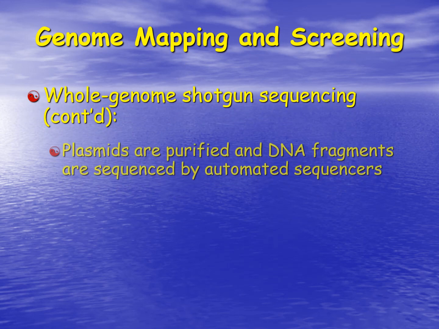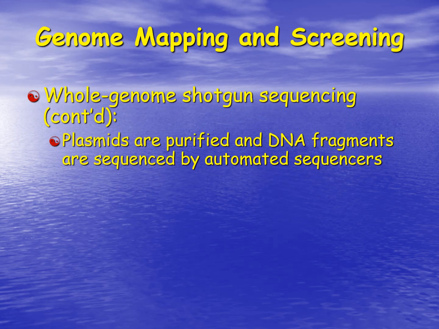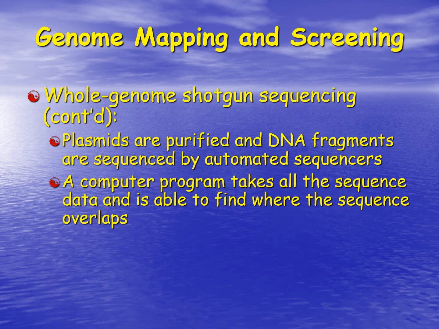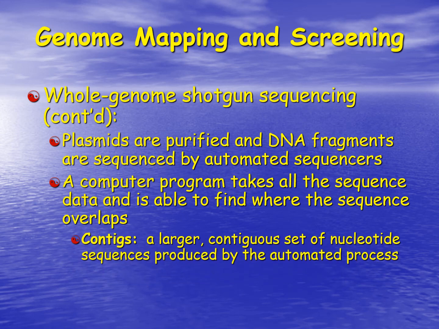Then the plasmids are purified and the DNA fragments are sequenced by automated sequencers. And a computer program then takes all the sequence data and is able to find where the sequences overlap and produce the entire picture. Contigs are larger contiguous sets of nucleotide sequences that are produced by the automated process, and then the ends are compared to see where they overlap.